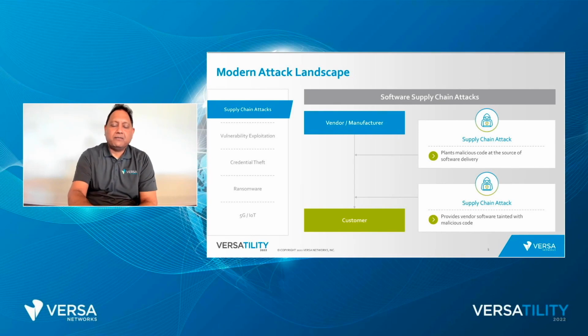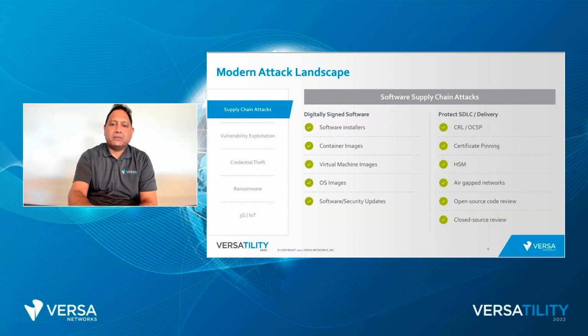This is a more advanced type of attack we have seen, like in the case of SolarWinds, for example, where the attackers penetrated the SolarWinds network and used the SolarWinds software delivery model to deliver their own malware to potentially all of the customers that SolarWinds had at the time, right?